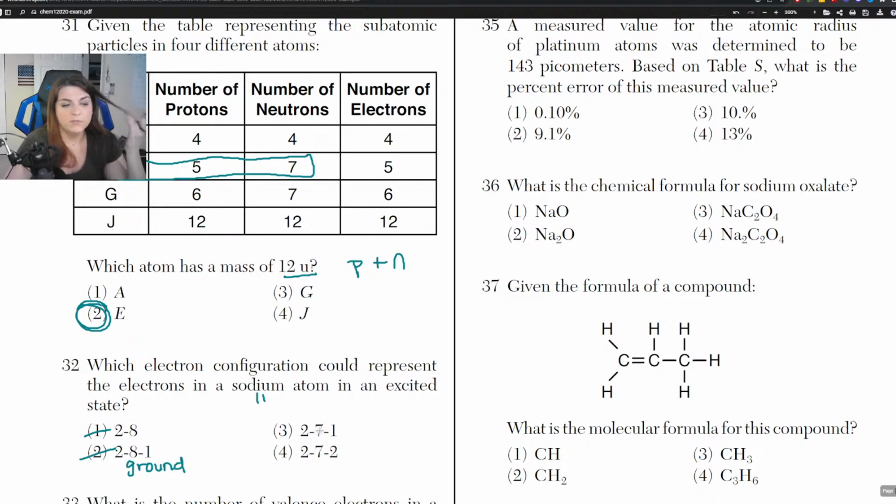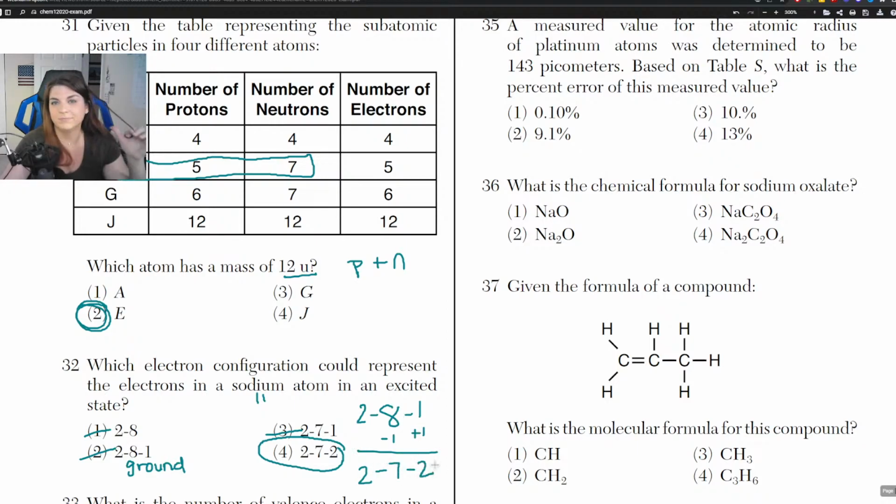The electron from level 2, there was an 8 right there, now it's 7. That just disappeared, so we're missing an electron there. The correct answer is going to be 2-7-2, and that's because the electron left level 2 and went to level 3. So we would subtract 1 from there and add it over there, and that's going to give us 2-7-2.